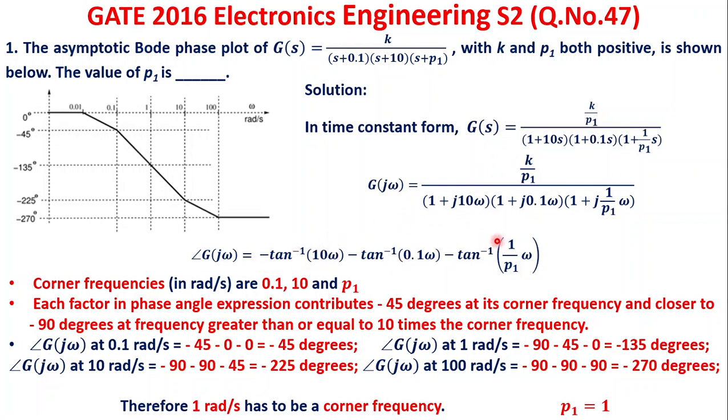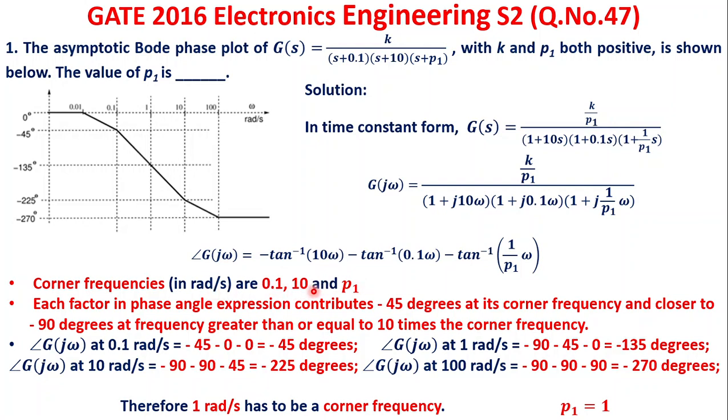Similarly, 1 plus j0.1 omega gives minus tan inverse of 0.1 omega, and this is minus tan inverse of omega by P1. And we know very well that whenever we get G of S in time constant form, the corner frequencies are 1 by 10, 1 by 0.1 which is 10, and P1. So 0.1, 10 and P1 radian per second are the corner frequencies.